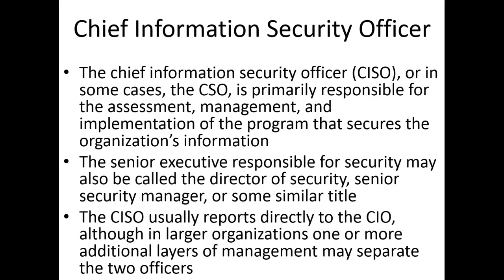The CISO normally reports directly to the CIO, but in some larger organizations, one or more additional layers of management may separate the two officers, so you might have more layers in your org chart.